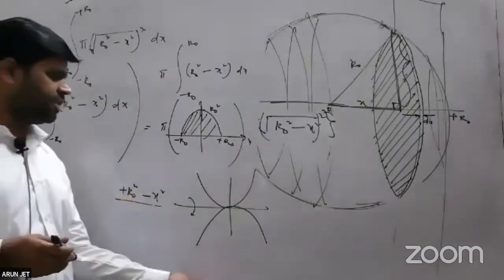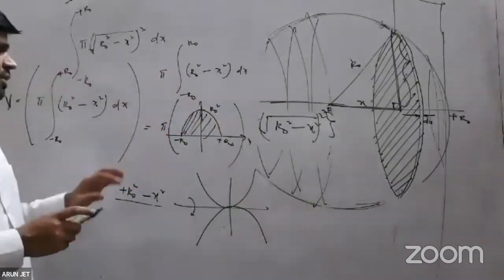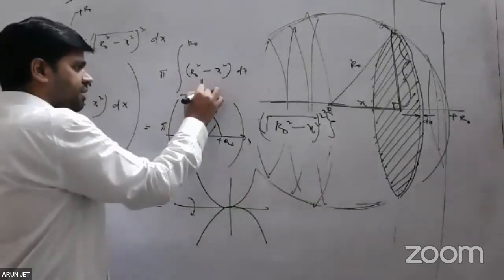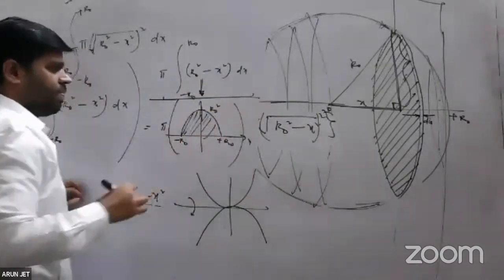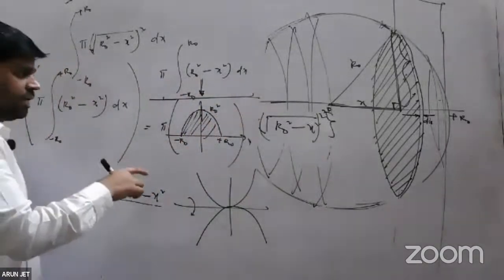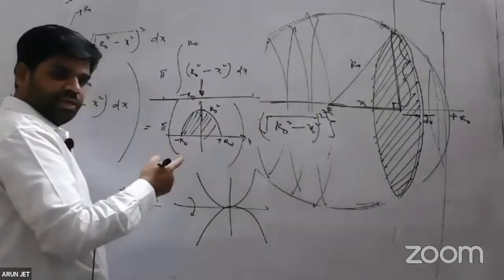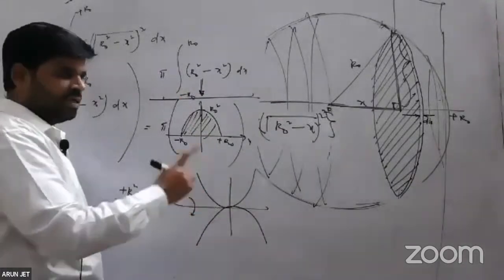F of x plus a is nothing but pushing it upward. So this curve is a parabola. Area under this graph is nothing but this integral. But now look at this. This is symmetric. It has got a line of symmetry, where the y-axis is the line of symmetry. My x square function is a line symmetric function.